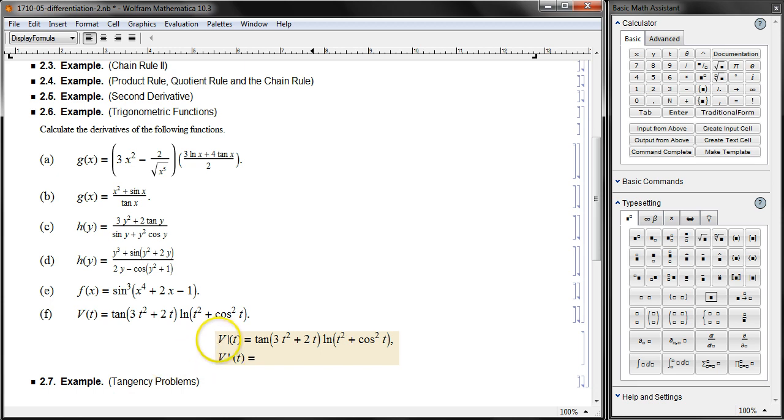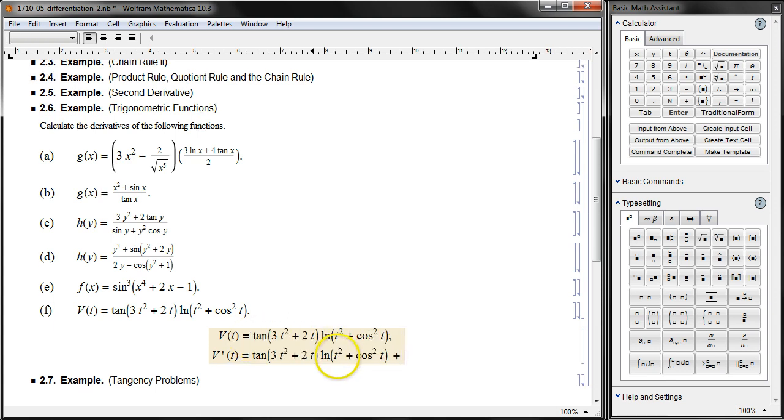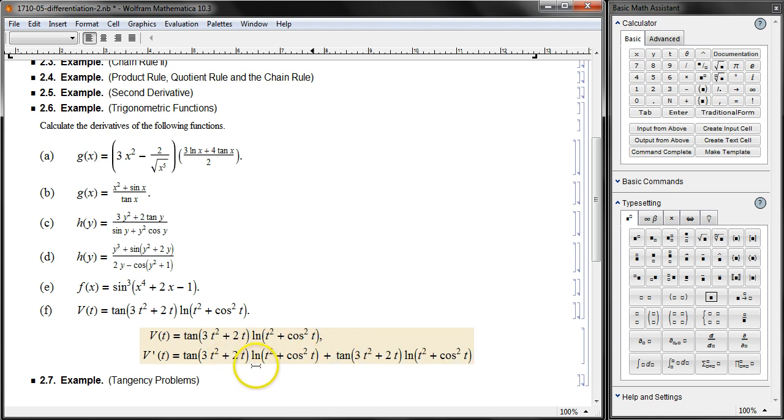Okay, just a moment, please. And this part will become the product rule part.